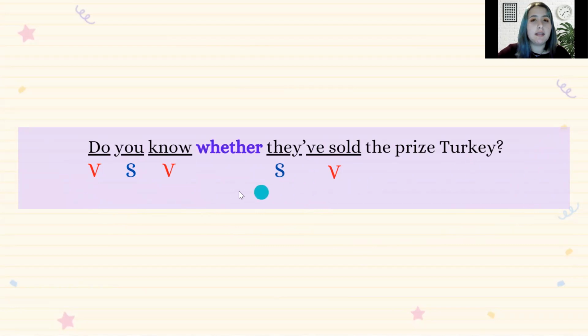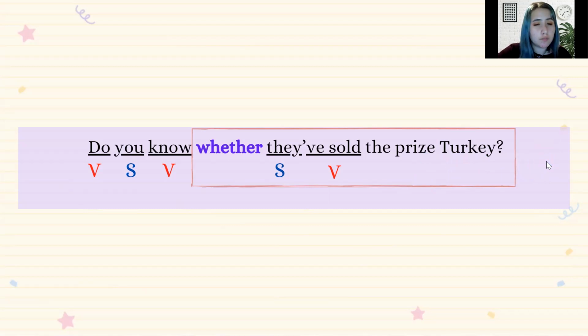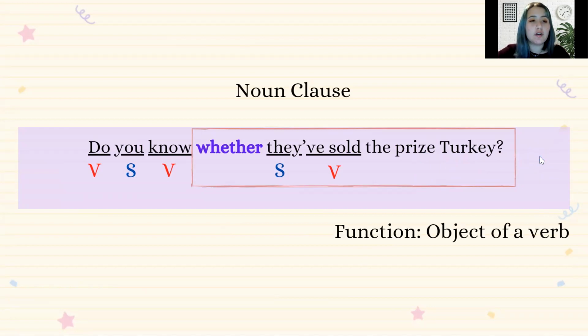And the linking element is whether. So whether introduces our subordinate clause, and we ask the question, what do you know? They have sold the prize turkey. So this is a noun clause because it can answer the question, what? And we can also realize that the function is of an object.